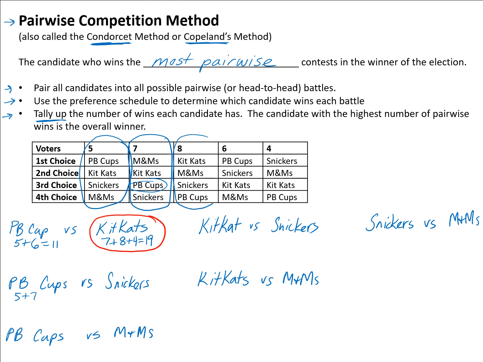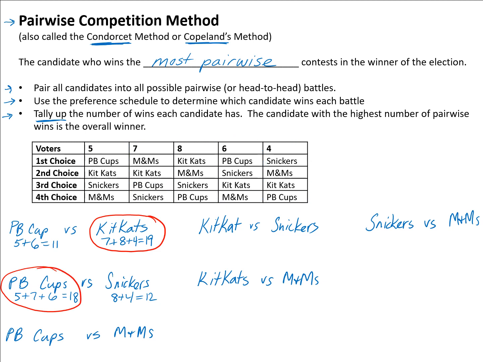In the third column of 8 students, Snickers is above Peanut Butter Cups, so Snickers gets those 8 votes. In the next column of 6 kids, Peanut Butter Cups is on top, so that's 6 votes. And in the last column, Snickers is on top, so that's 4 votes. I've gone through the entire table, so I can tally it up. 12 votes to 18, that's 30 kids altogether, so I did account for everyone, and Peanut Butter Cups has more votes.